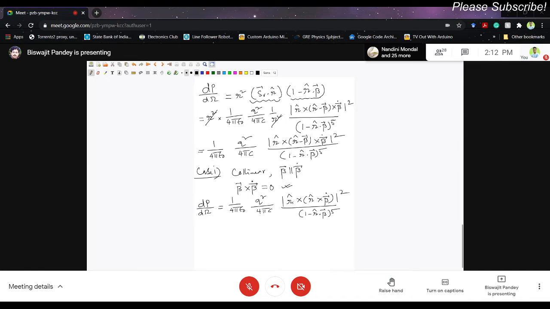So this is power radiated per unit solid angle. Now this is the simple expression for a cross b cross c, right? So let us simplify this further.